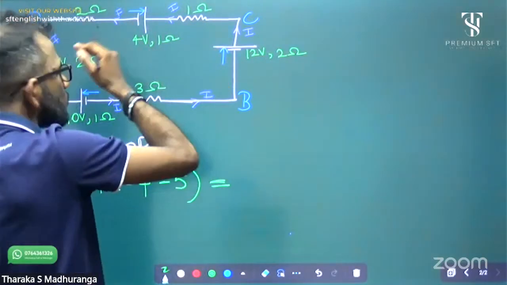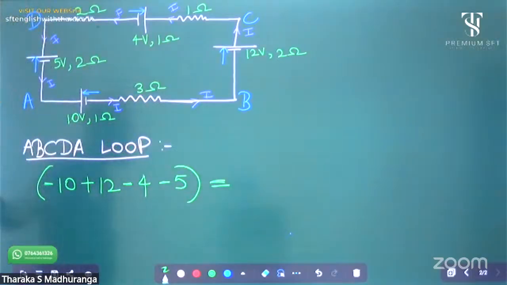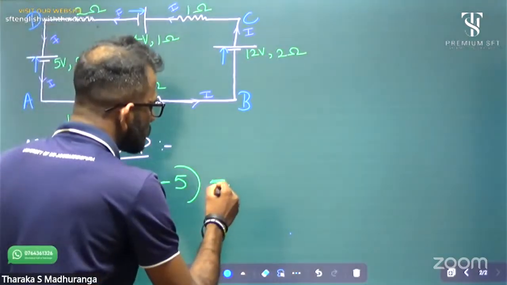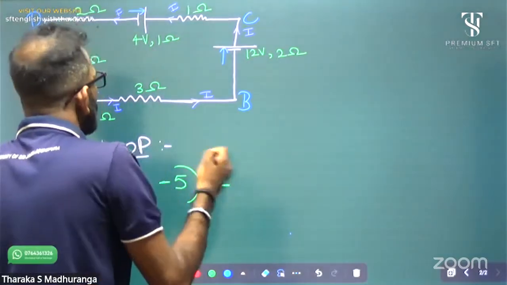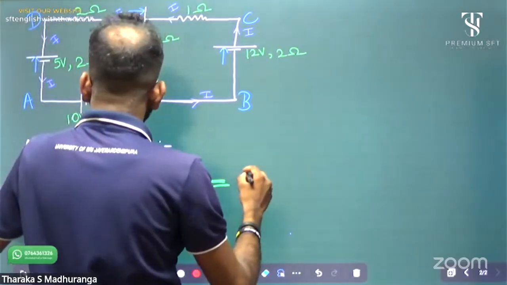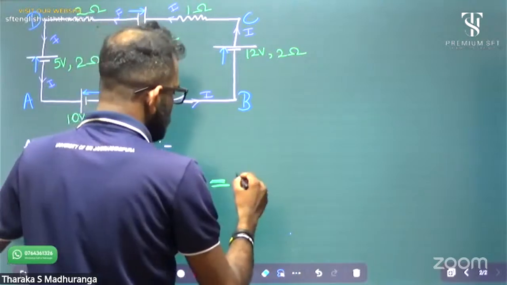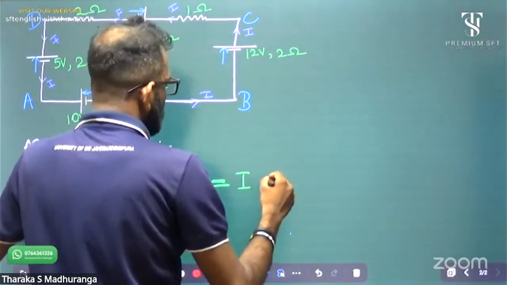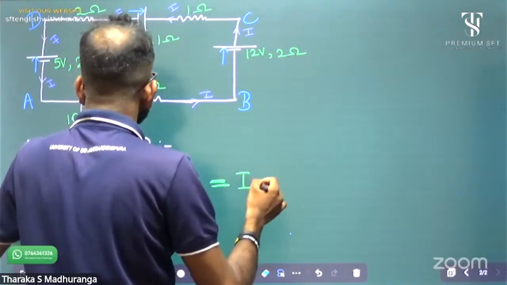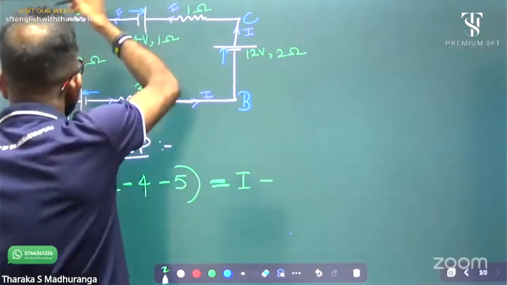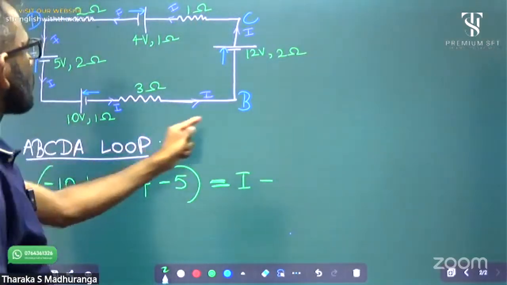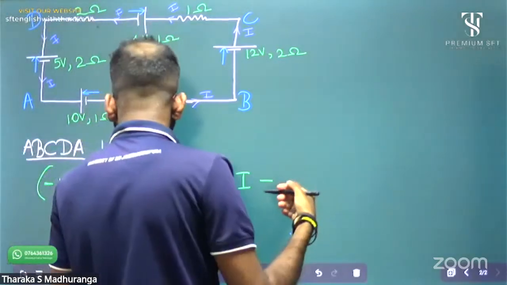Now I'm going to start again from point A to get the IR multiplications. My loop direction and current direction are the same, therefore all are plus values.